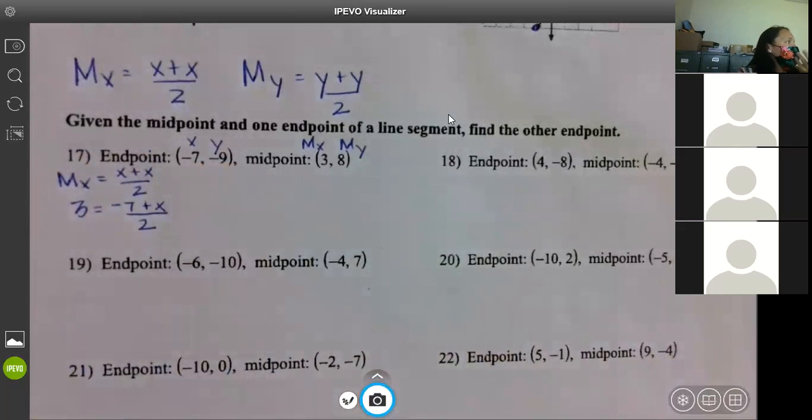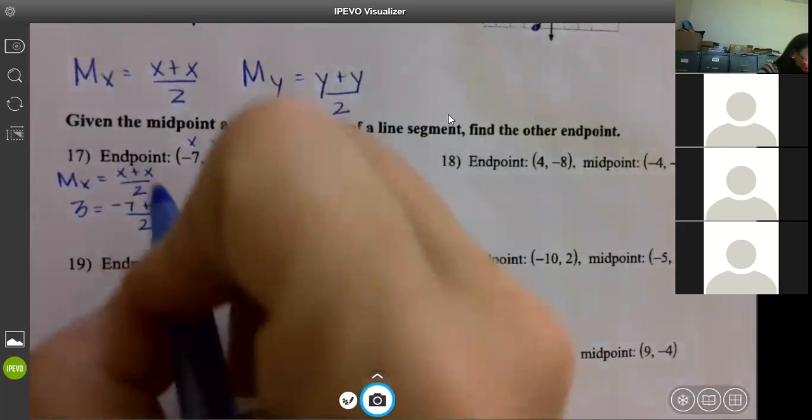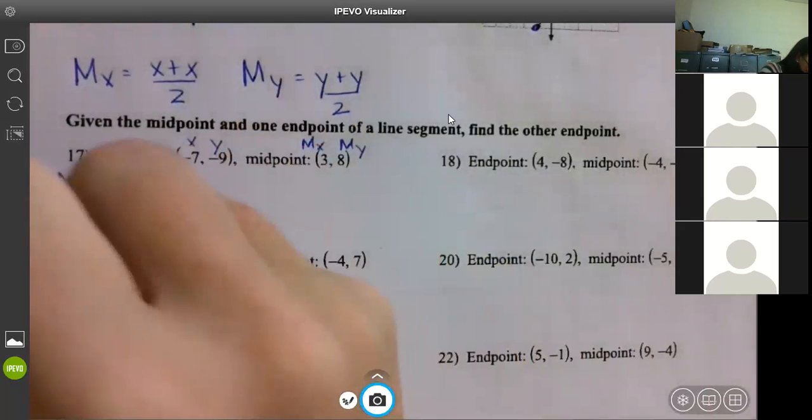Go back to unit 1. We're solving for x. What's on the same side as x but not with it? -7. Nope, it's with it in the numerator. The 2, the divide by 2. How do I get rid of divide by 2? Multiply by 2.